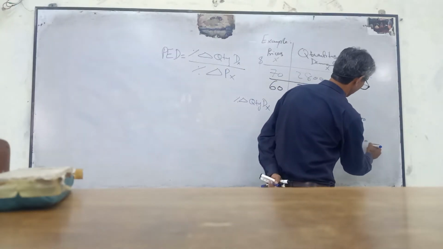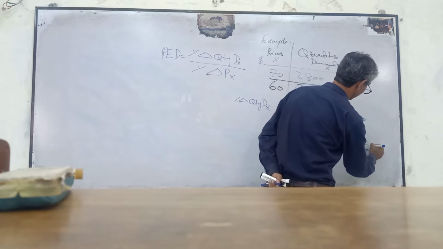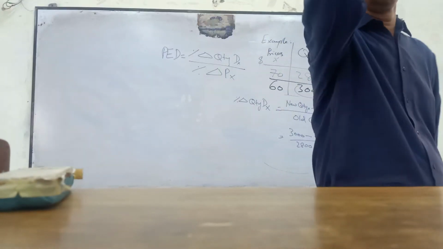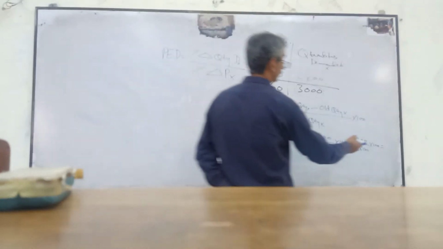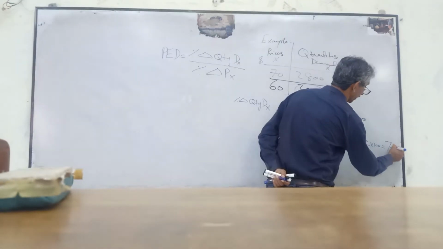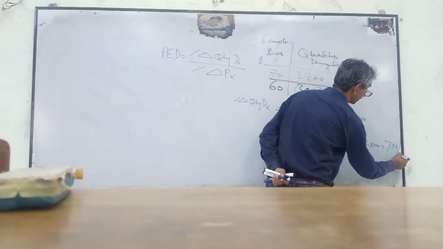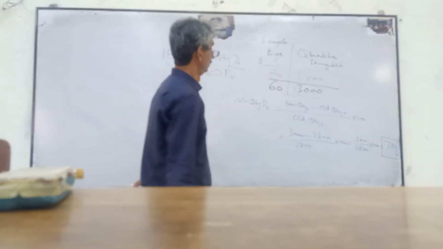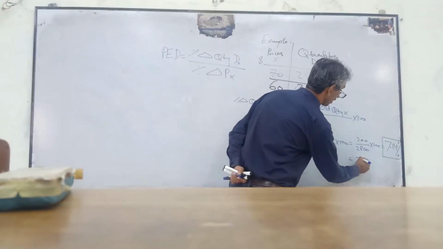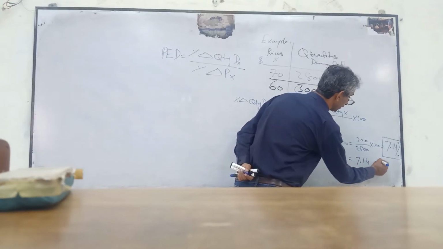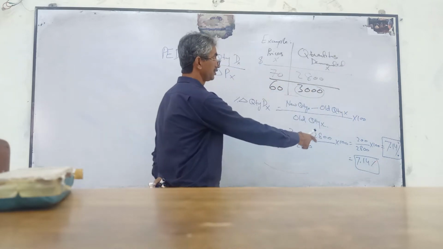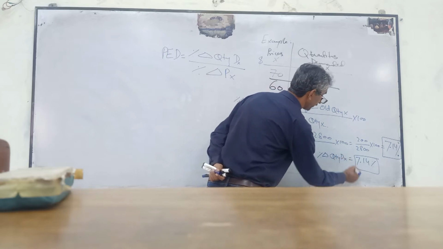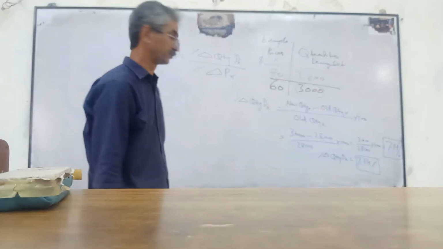So 200 divided by 2,800 into 100, when we calculate it, we get 7.14%. What is this? This is the percentage change in quantity demanded of X.